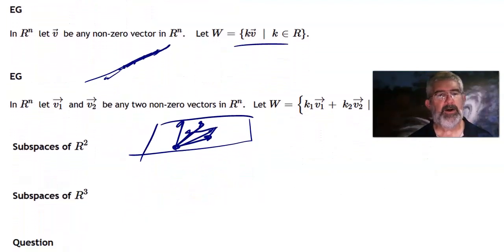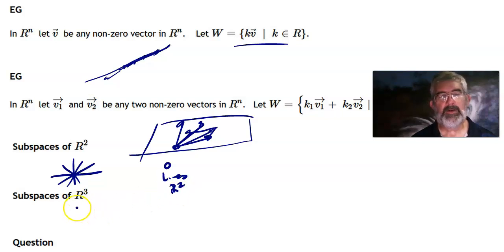Now, it turns out that in R2 there are only 3 different types of subspaces. There's the zero subspace; of course, every vector space has the zero subspace. Then there are lines through the origin, and any line through the origin is a subspace by itself. And then, of course, there's all of R2. In R3, you've got more things.